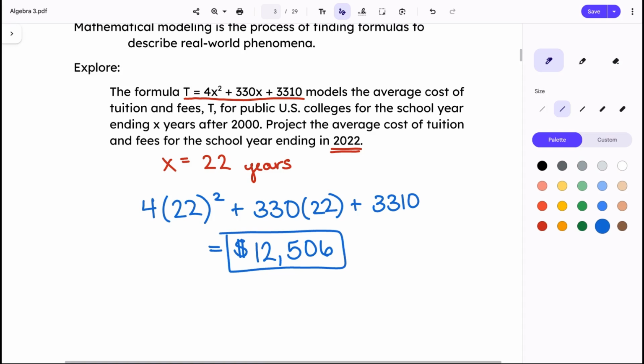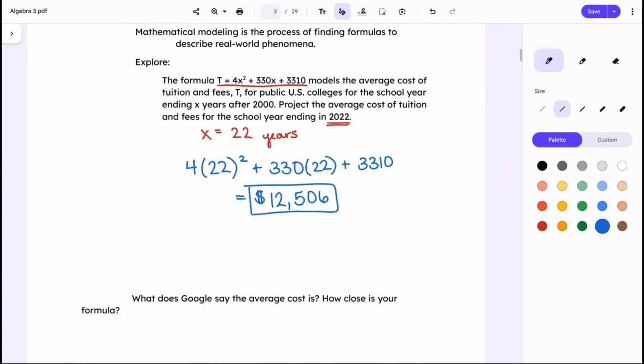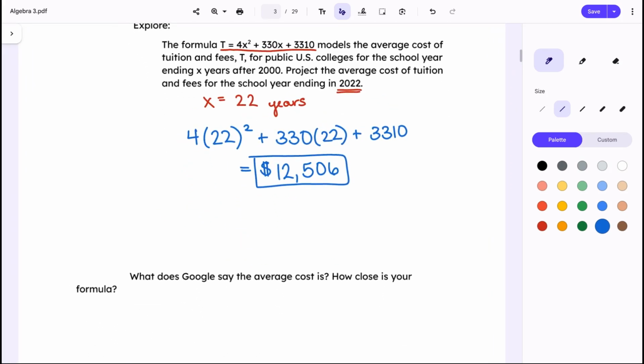Okay. Now down below it's saying, what does Google say the average cost is? And let's see how close our answer is. So I'm just going to pull up Google here. And we'll ask average cost of public college in 2022.